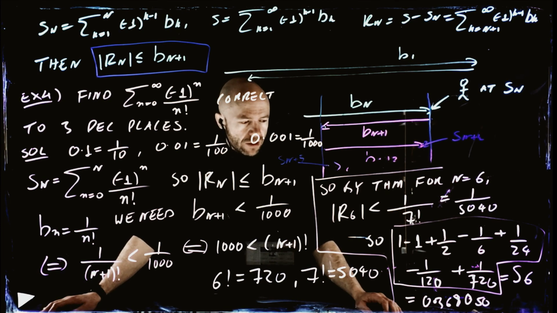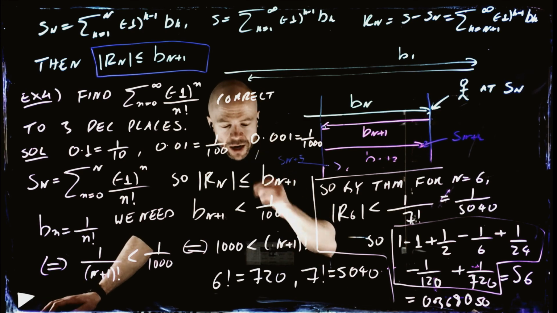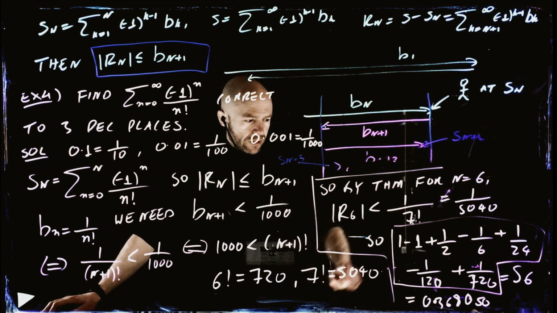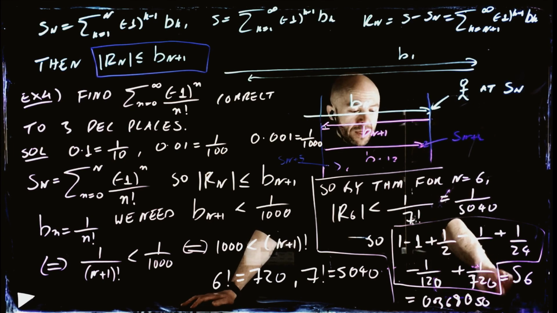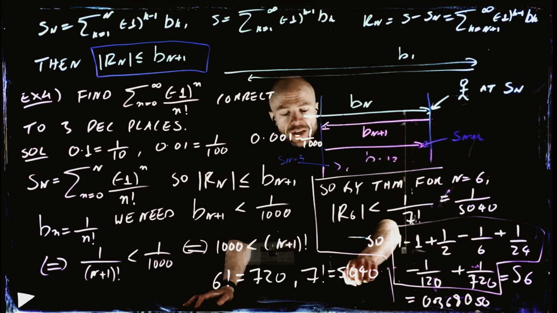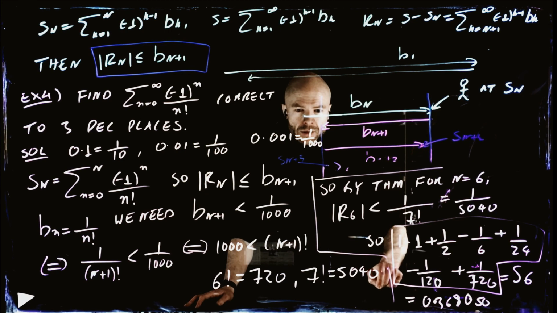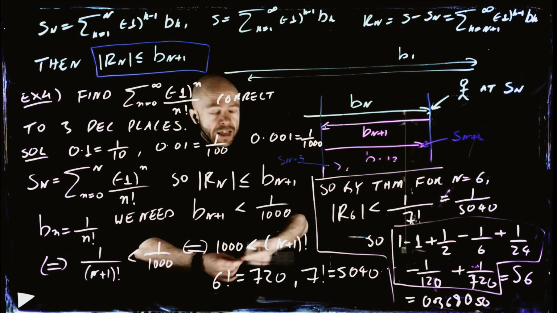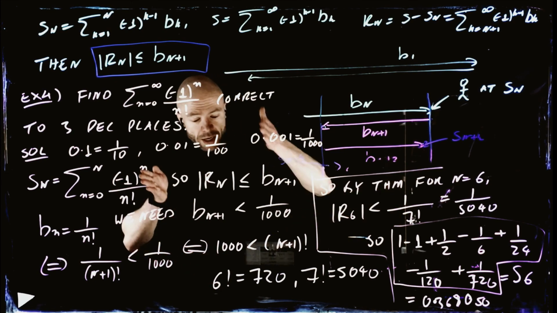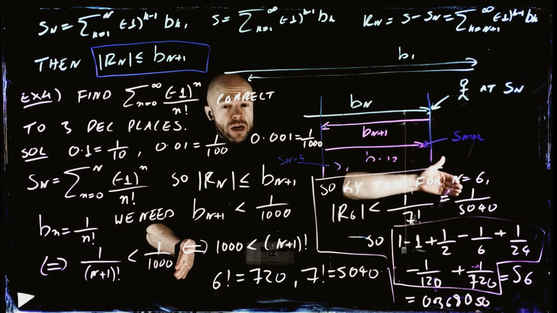But I claim you're not going to do this if you understand why this theorem works. If we just keep adding up these terms, then we know the next term is minus 1 over 5,040, right? That's the step back we take. And then every other step we take is between where we were there and where we were before.